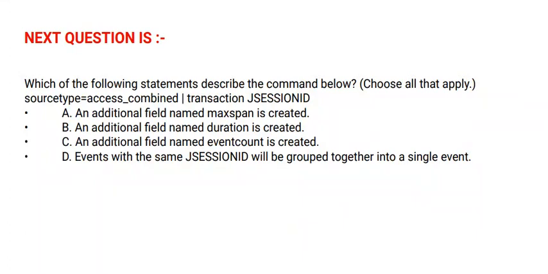Option B, an additional field named duration is created. Option C, an additional field named eventcount is created. And option D, events with the same JSESSIONID will be grouped together into a single event. The correct answer is option B.